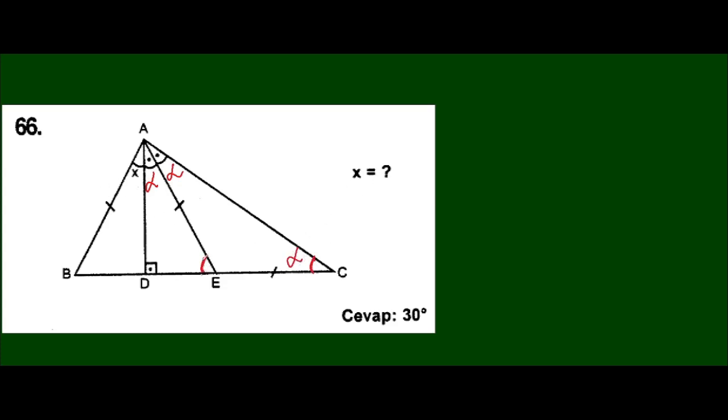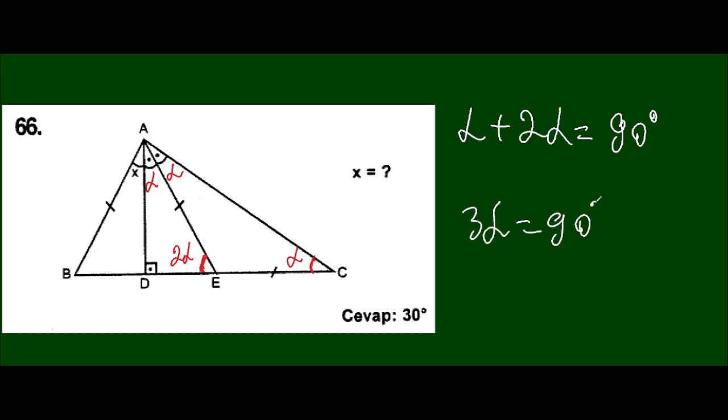And again, the next angle is 2 alpha. Here we know that alpha plus 2 alpha has to give us 90 degrees, because this is a right angle triangle. 3 alpha will be equal to 90 degrees. Alpha here will be equal to 30 degrees.